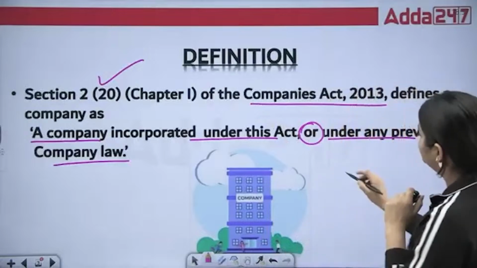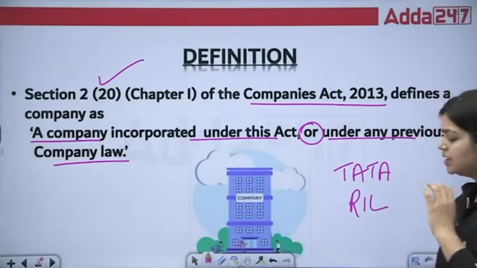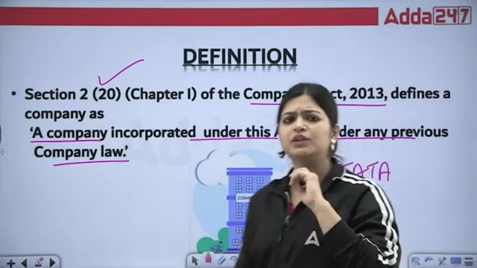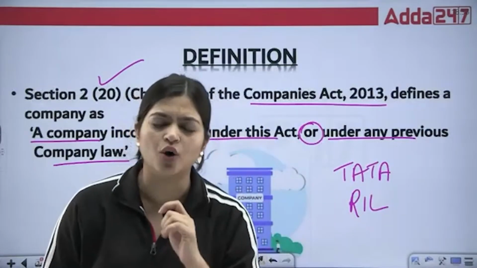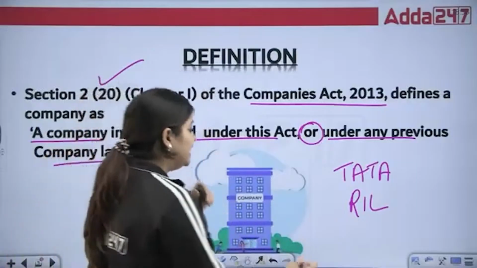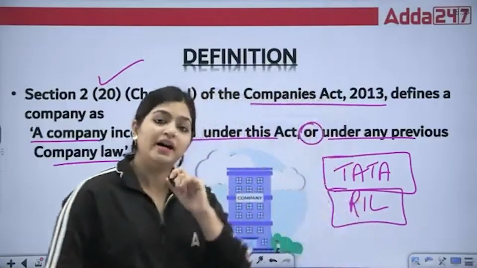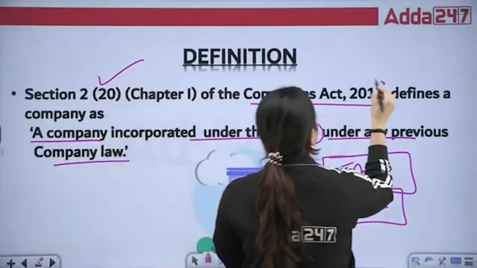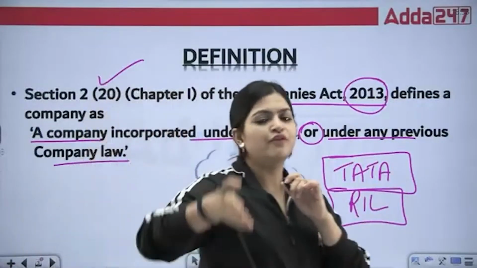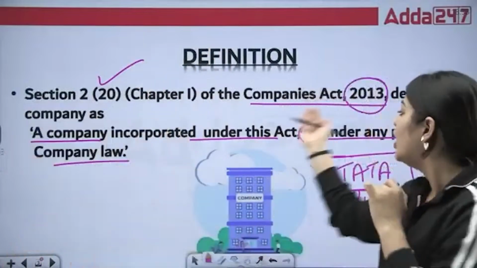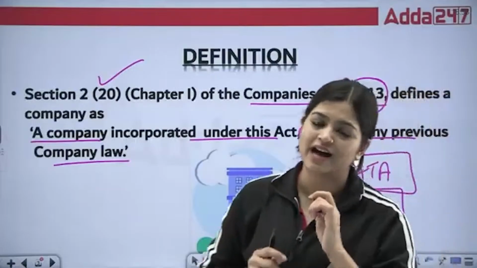But if we talk about Tata Company, if we talk about Reliance Industries, they started before 2013. So were they not considered as a company or what? The answer is yes, we call them a company. Earlier than 2013, we used to have the Old Companies Act. So whether you have registered under the Old Companies Act or under the Companies Act 2013, you are going to be classified as a company.